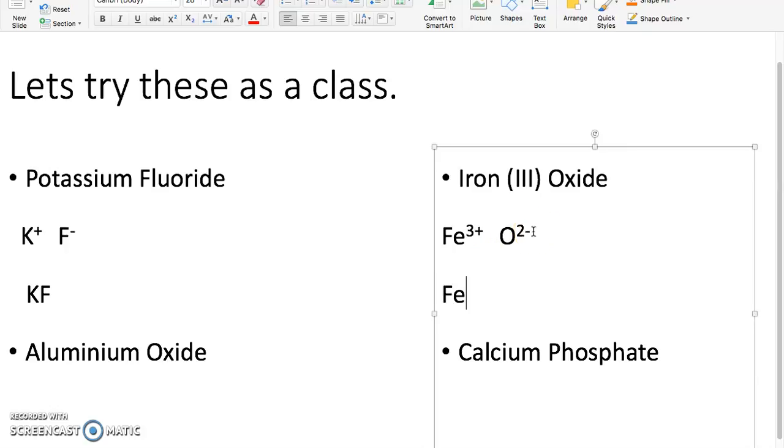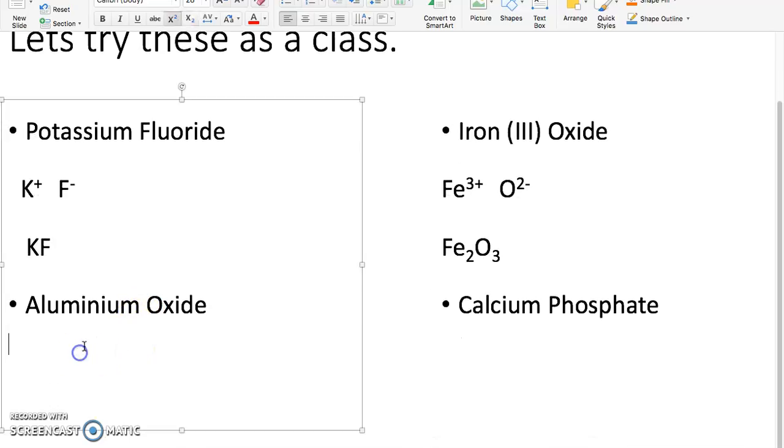So Fe2, because that gives a +6 charge for the ion, and then O3, because that gives a -6 charge to balance out the +6 from the ion. A similar thing can be done for aluminium oxide.